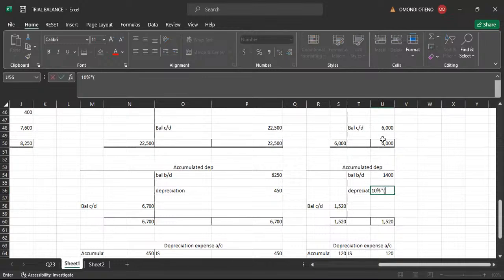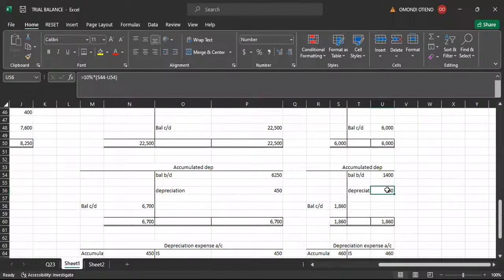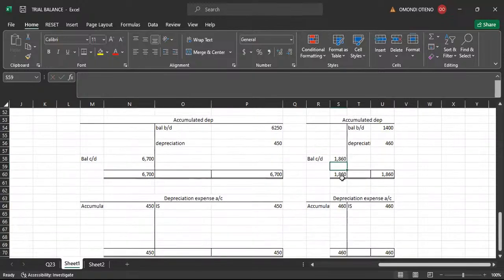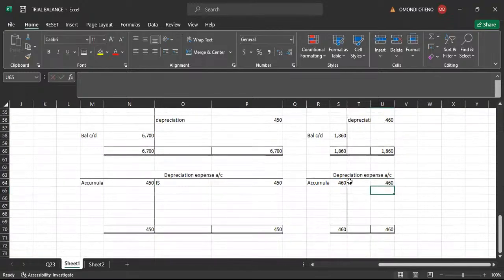Net book value will be the balance brought down as at the beginning of the year, minus the accumulated depreciation at the beginning of the year. So if I do that, I'll be able to get depreciation expense of this value. Balance carried down is now the balancing figure there. Then I get my value. Depreciation expense will be this 460, which I will be taking to income statement.